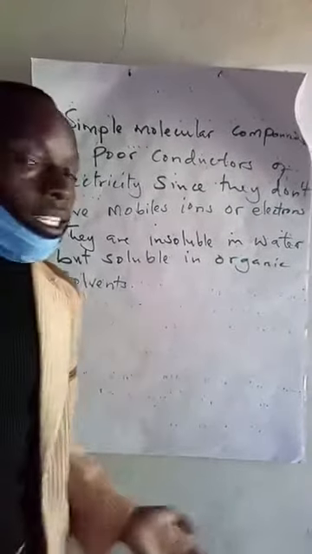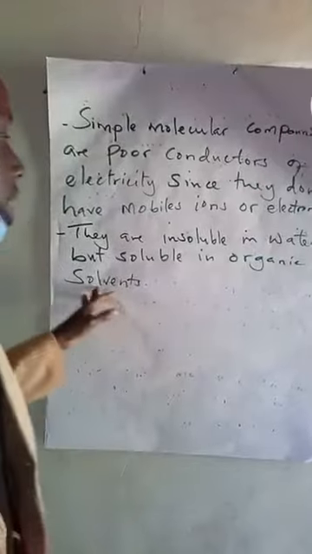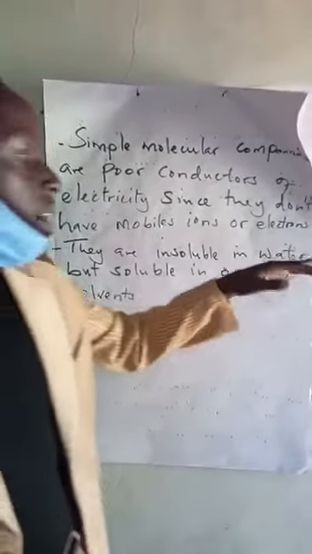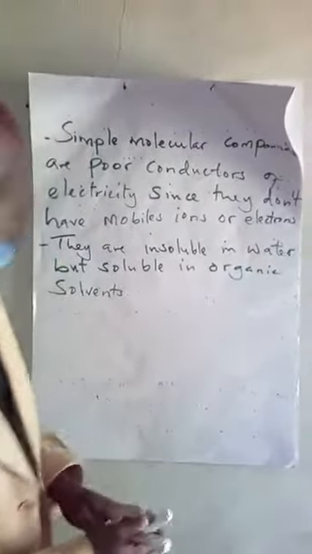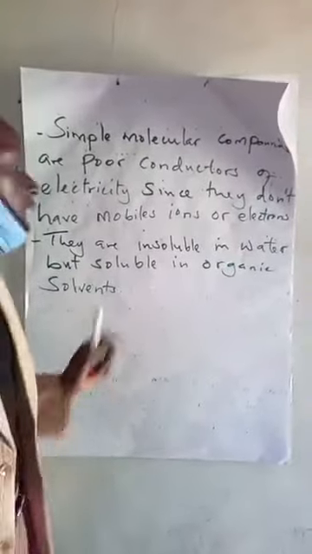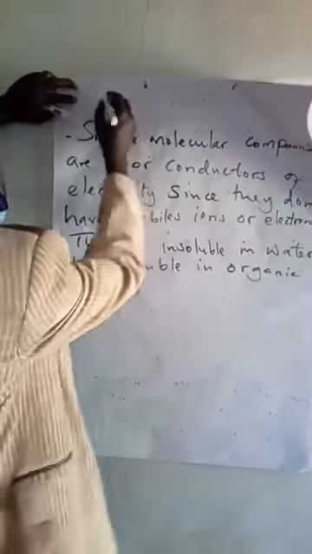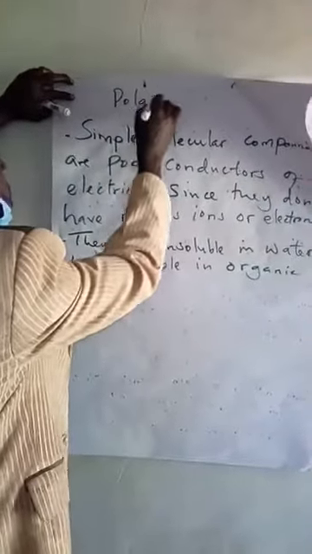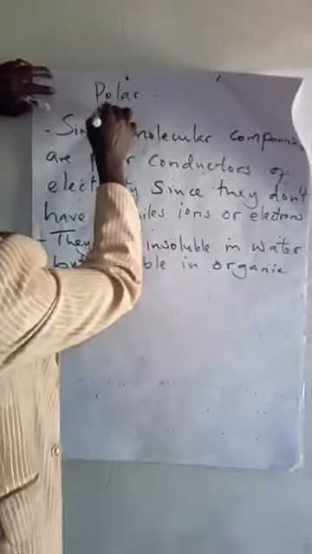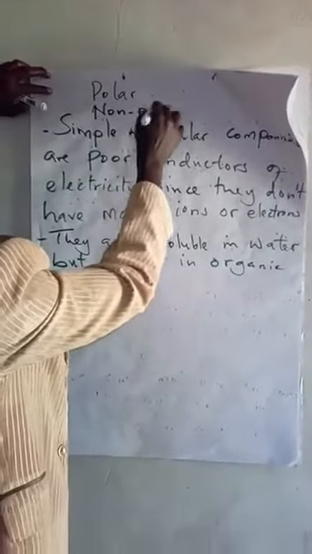Normally, solubility in chemistry, we have solubility in water. We have two types of solvents. Just to mention, we have two types of solvents. We have polar, we shall look at it shortly, and we have non-polar.